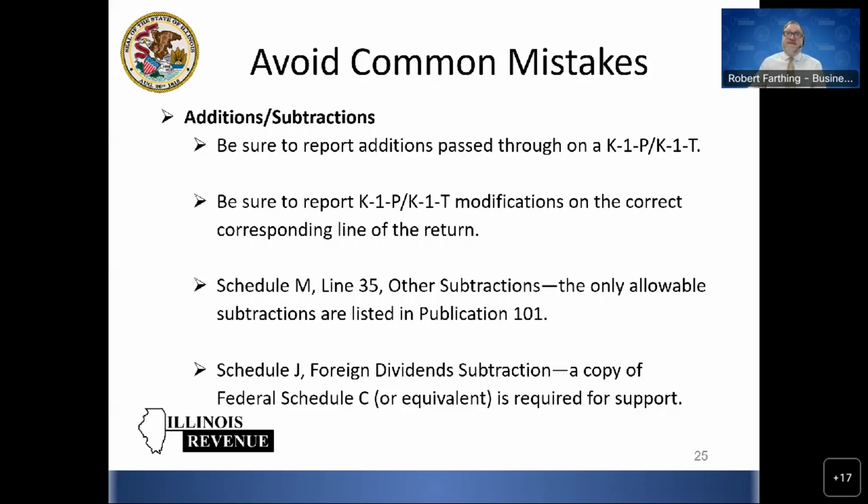For example, the Schedule M, line 35, other subtractions, is generally not where you should place a subtraction and report it. There's usually another line on the return which is appropriate for that subtraction. The only allowable subtraction for Schedule M, line 35 is specifically listed in Publication 101.